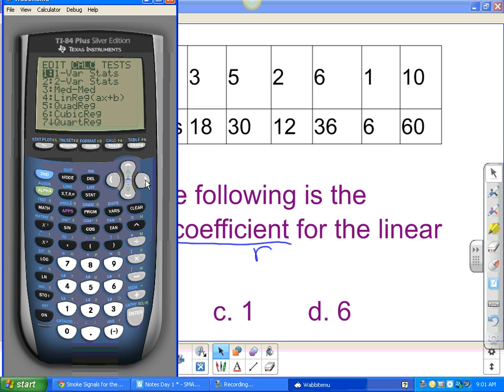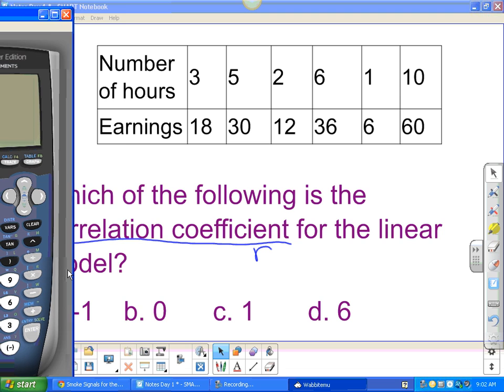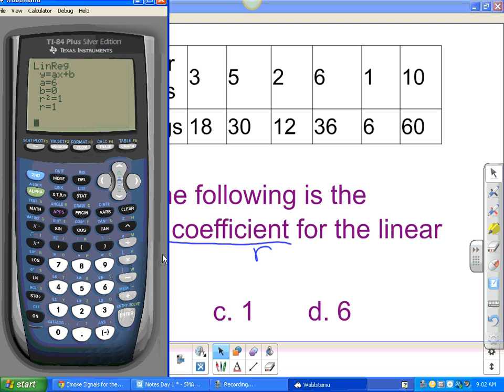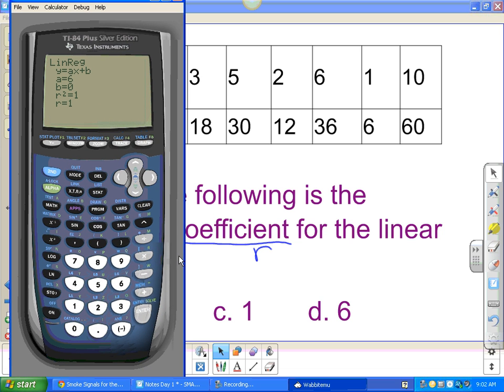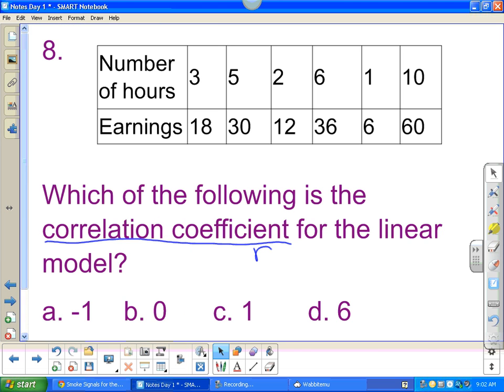Stat, Calc, down to number 4, hit Enter. And again, I'm not interested in the A or the B because it doesn't want the equation of the line, but I want you to notice if you'll look at choice D, which is a 6, which is your A value, and B, which is a 0, which is the B answer. I'm not interested in that. I want the correlation coefficient, so I want the R value, not the R squared, but the R, and our R is 1. So we're going with C. And 1 is the strongest it could possibly be. It is a positive relationship, and it is a 1, which is super strong.